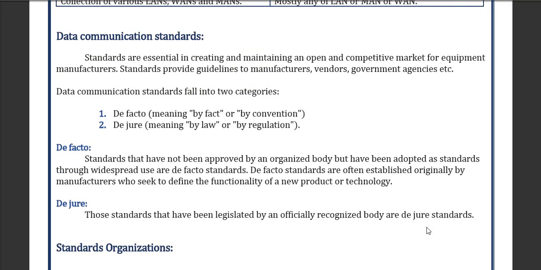Data communication standards are very important. There are two types of data communication standards: one is de facto and the other is de jure. De facto means convention, and de jure means law or regulation.